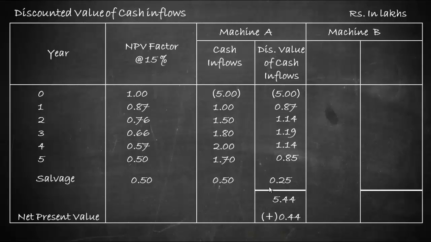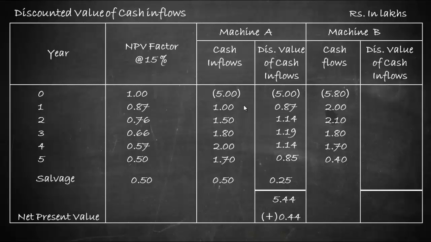Similarly, let's go for mission B or project B, where the cash flows start with 5.8, which we found in our working note 1, and the cash flows available in the question we have fitted. Then we can find the discounted cash flows, which is nothing but these cash flows multiplied by the discounting factors.